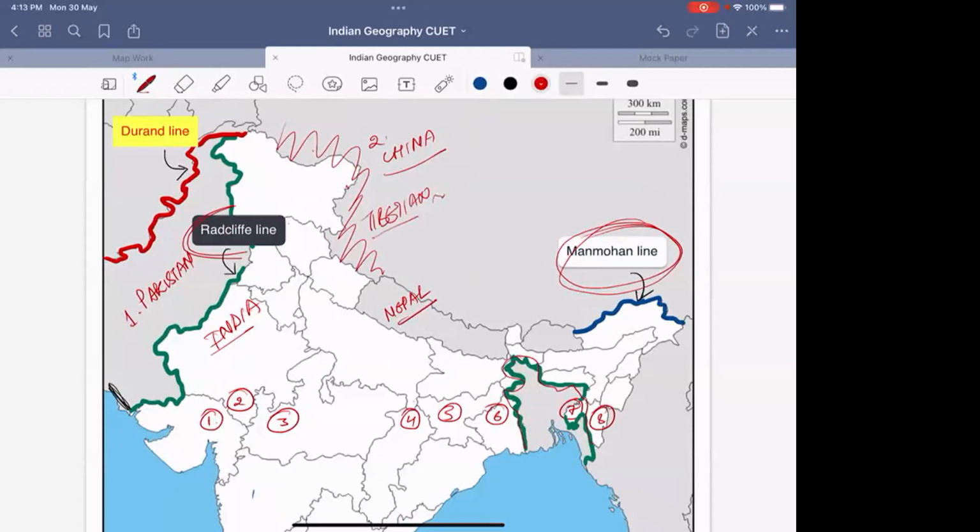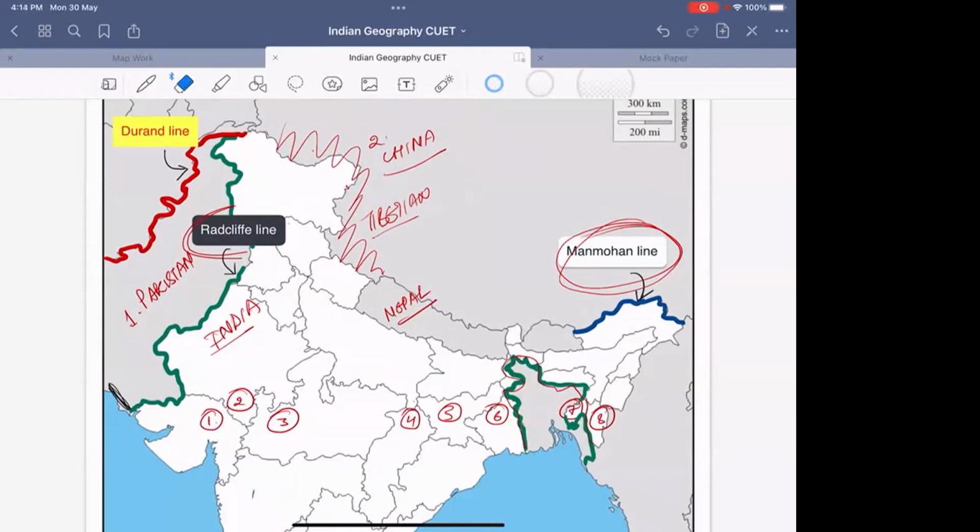The border was drawn around 18 something, according to Assam records, the McMahon line.